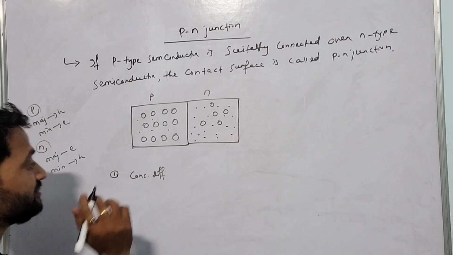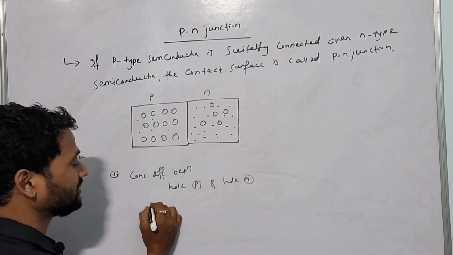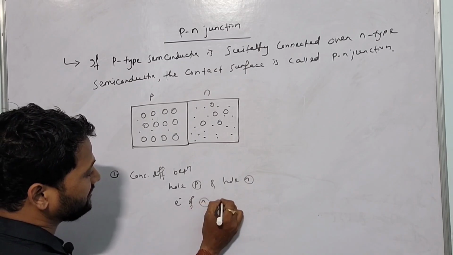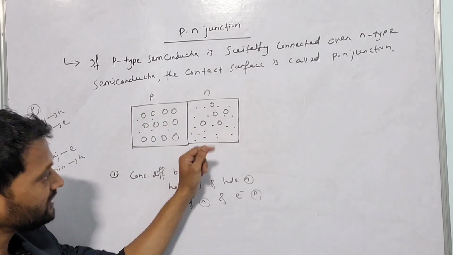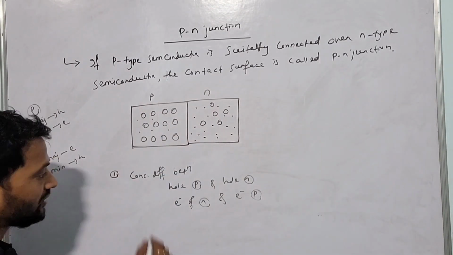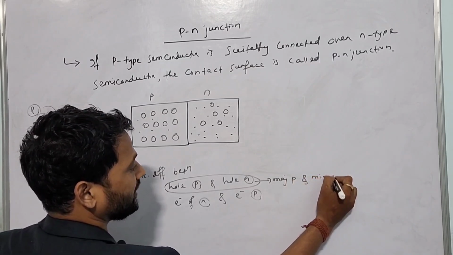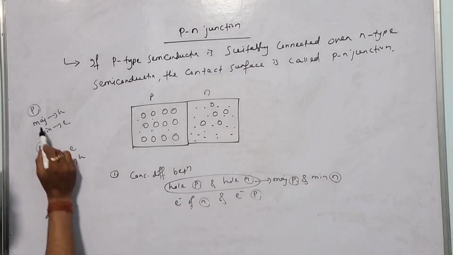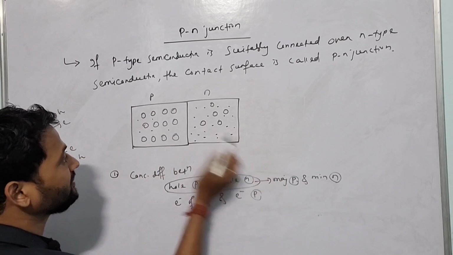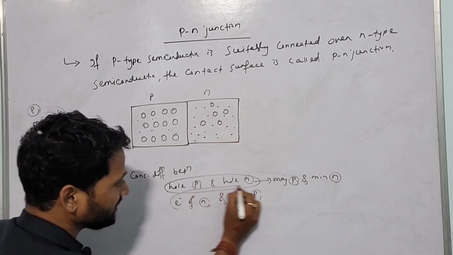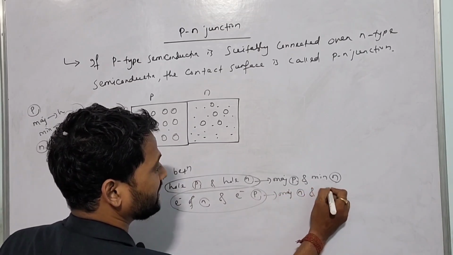Most important point, remember, the concentration difference takes place between the hole of P and hole of N, and electron of N and electron of P. That means hole of P is the majority charge carrier and hole of N is the minority charge carrier, so majority charge carrier of P and minority charge carrier of N. Similarly, electron of N is the majority charge carrier of N and electron of P is the minority charge carrier of P.